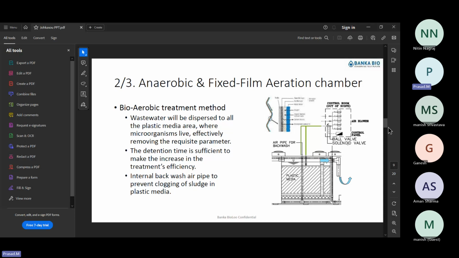People may ask you this question. The answer is we give the anaerobic tank first and then the aerobic. Naturally we reduce the BOD load using this anaerobic tank, and that's why we require lesser blower power compared to other conventional systems. So that's why we are providing the anaerobic tank. This is the answer.